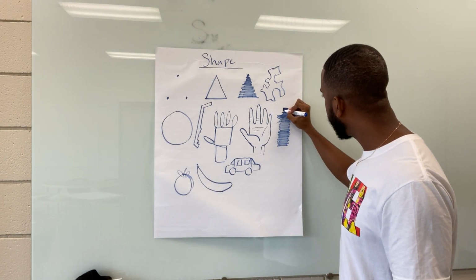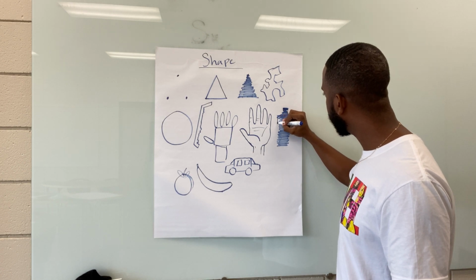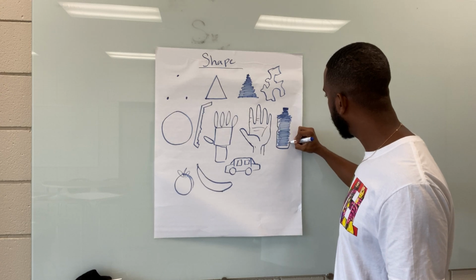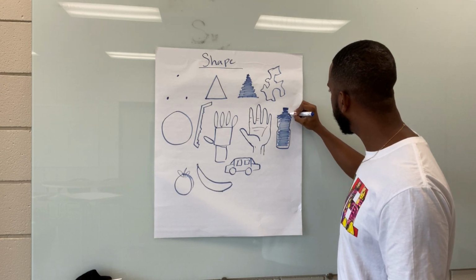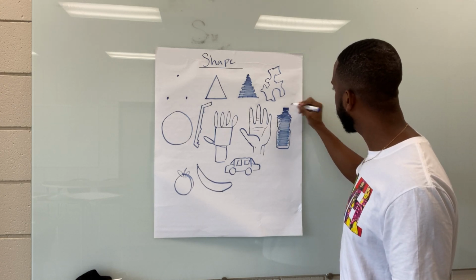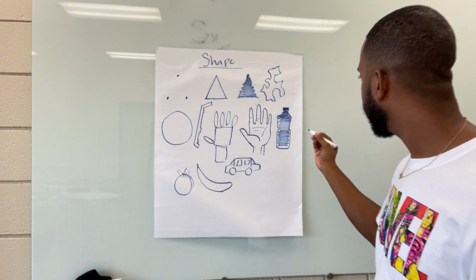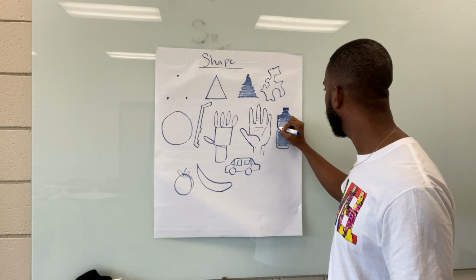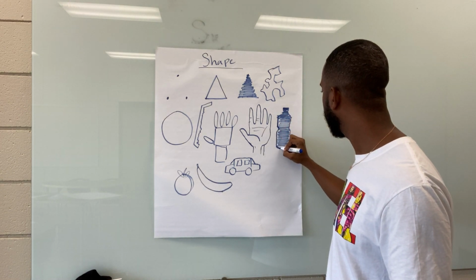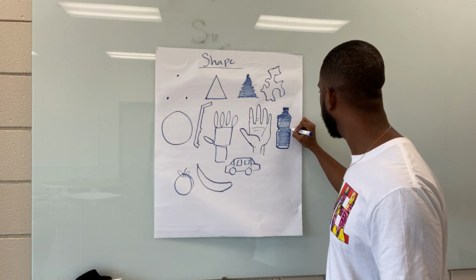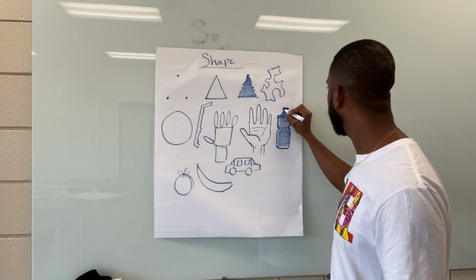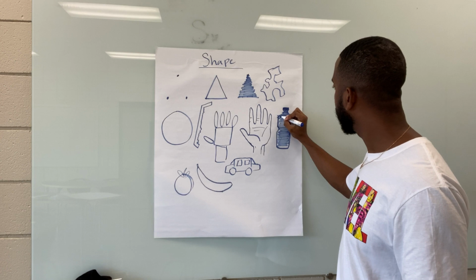And then now I can come back with my pencil or with my marker, and then I can begin to mold that shape, right? And there goes my bottle. Right there.